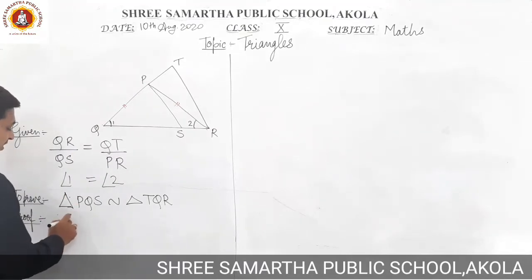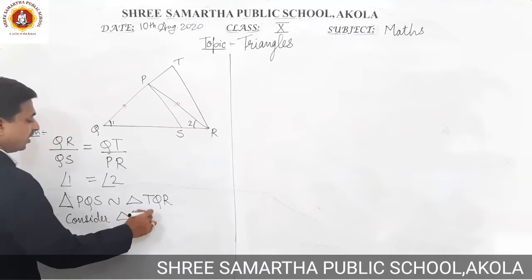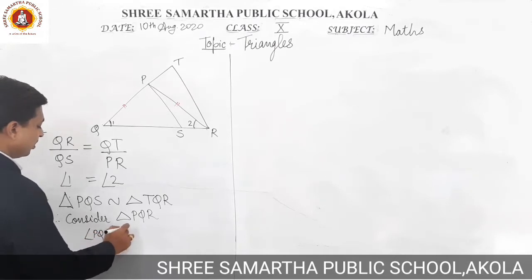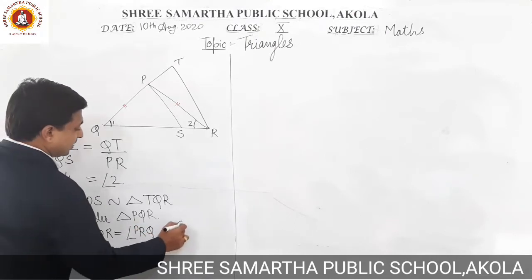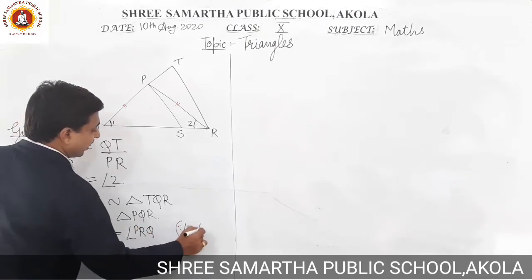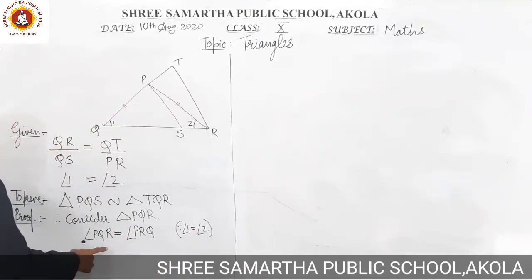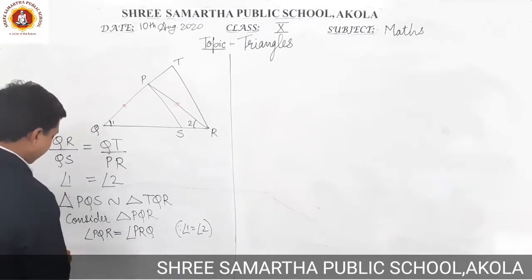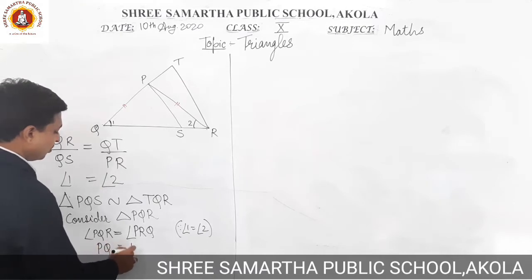Now consider triangle PQR. Here angle PQR is equal to angle PRQ, since angle 1 is equal to angle 2, this is given. Therefore now we can write down PQ is equal to PR.